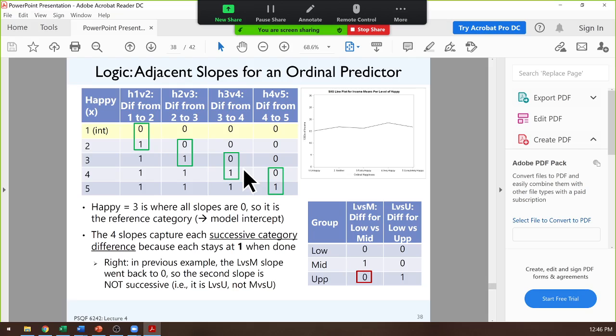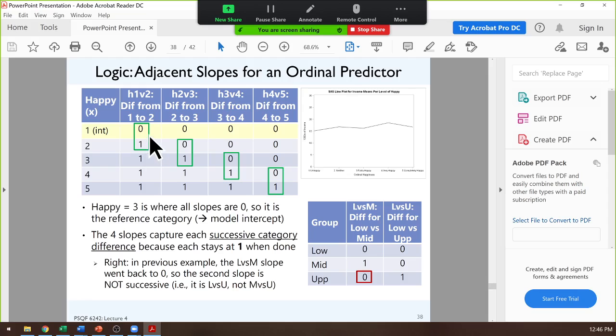So moving from a score of 1 to 2, and then 2 to 3, 3 to 4, 4 to 5, because those ways of carving up that variable are going to be more useful than 1 versus 2, 1 versus 3, 1 versus 4, 1 versus 5. And the reason that these predictor variables going across in columns are interpreted the way that they are is because of what happens to the ones.